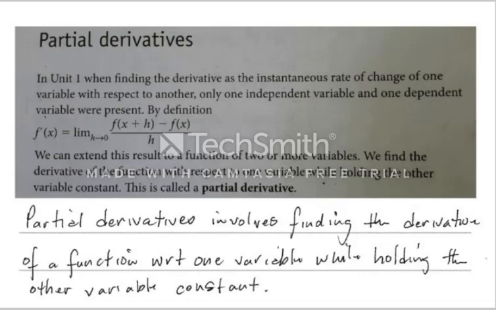So in essence, if you have some function of x and y and you're differentiating this function with respect to x, essentially what this statement is saying is that you're going to treat y within this function as a constant. And a constant here would be like just a number. For example, if you differentiate, let's say, 3x with respect to x, you're going to get 3.